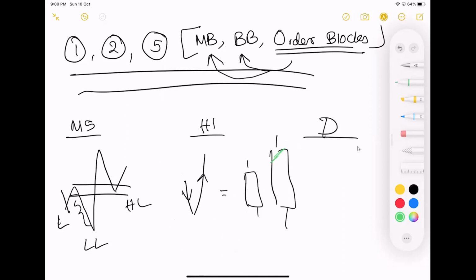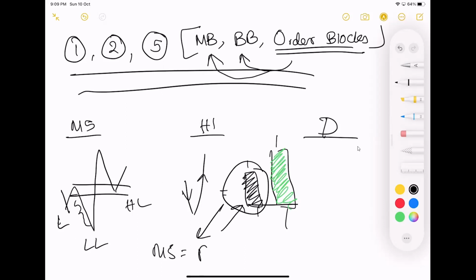It's your green and your dark blue scan here. This is your order block, and this order block broken down to the 5-minute chart is equivalent to a bullish breaker with the high resistance signature in price.